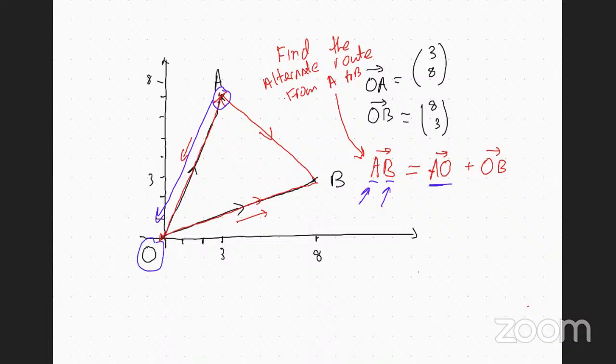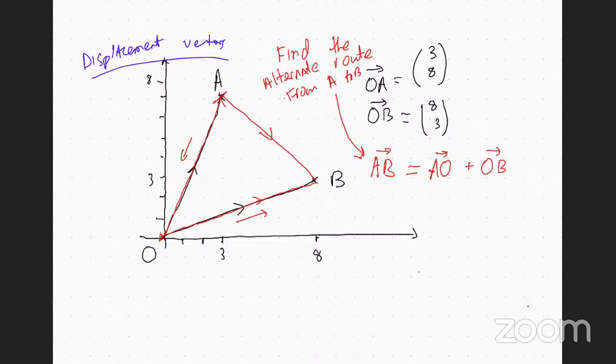That's the way you find displacement vectors. Any unknown vector can be found using that method. That's why it's called displacement vectors. To find any unknown vector, you just need the alternate route from where you start to where you finish.